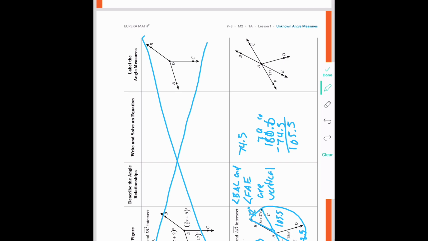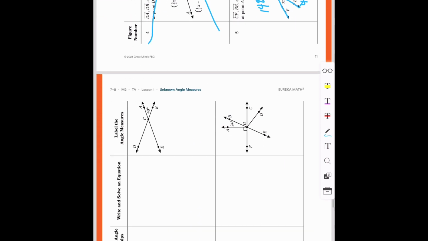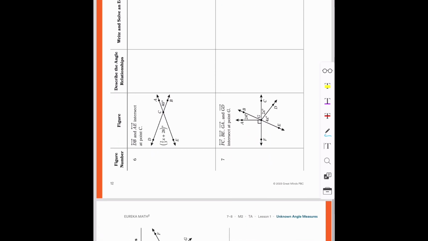Once I found x, that gave me the ability to figure out the things that were missing. And then after that, I looked for another angle relationship, which in this case, I found supplementary angle relationships, which means those angles added up to 180, and it allowed me to figure out what was missing. Okay, so that's basically in a nutshell what we're doing.